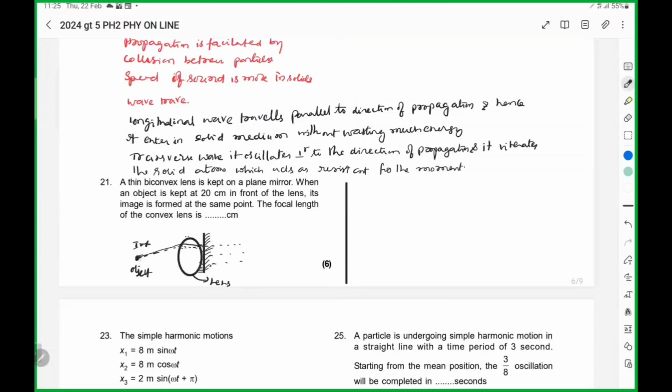That point is the focus. So here the object distance is the same as the focal length, which is 20 centimeters.